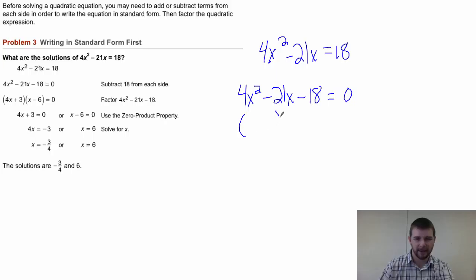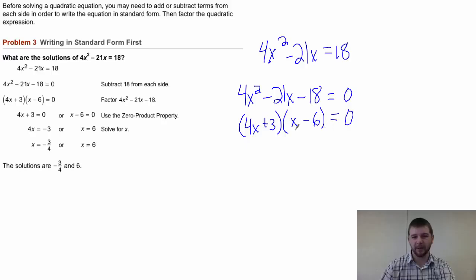So we set up our infrastructure, parentheses, to hold our binomials. And we find that 4x and x work as first terms, giving us 4x squared, and also that positive 3 and minus 6 give us factors that, when multiplied, equal 4x squared minus 21x minus 18.